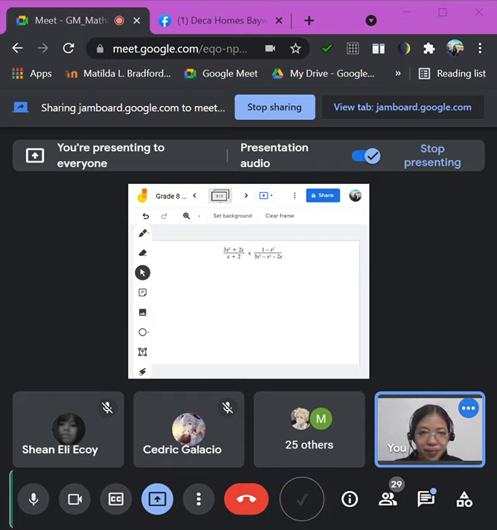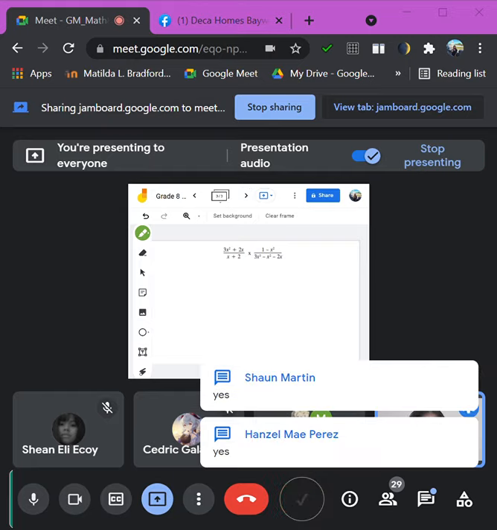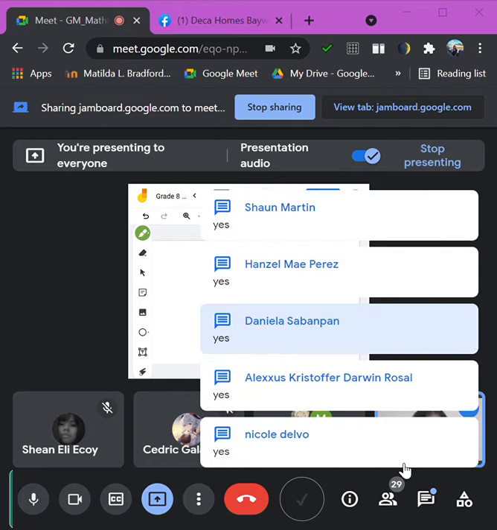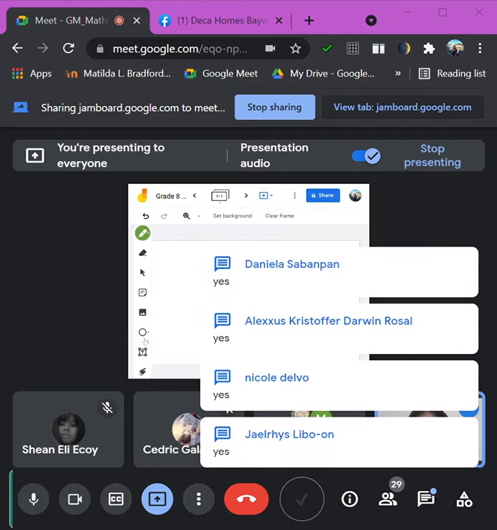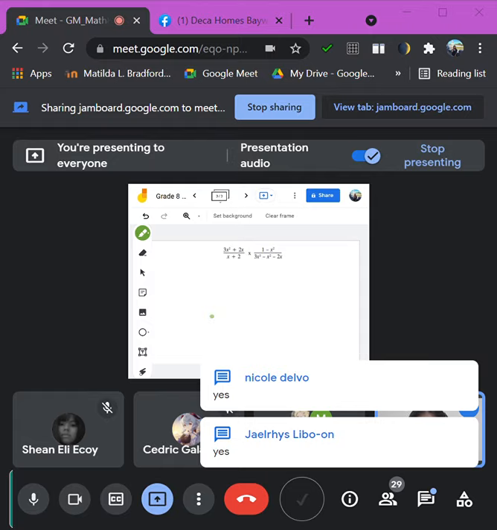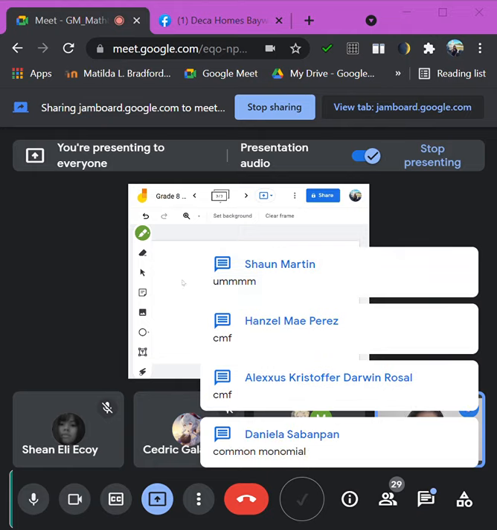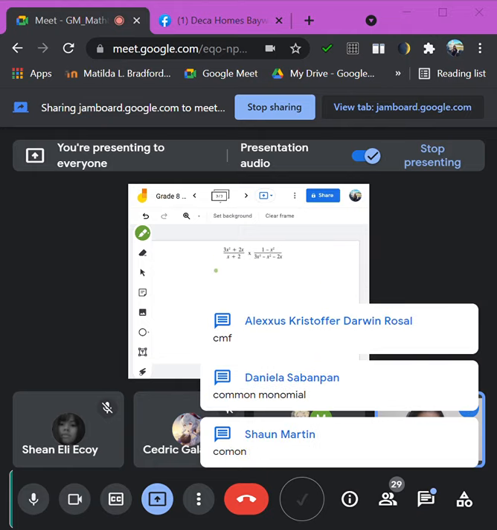Okay, so sige daw, class, we're going to look sa atuang given. Naay ma-factor, class. Let's start with 3x squared plus 2x. Naay ma-factor nila? Yes or no? Okay, yes. Unsa nga factoring method? Very good. We have the CMF or the common monomial factor.